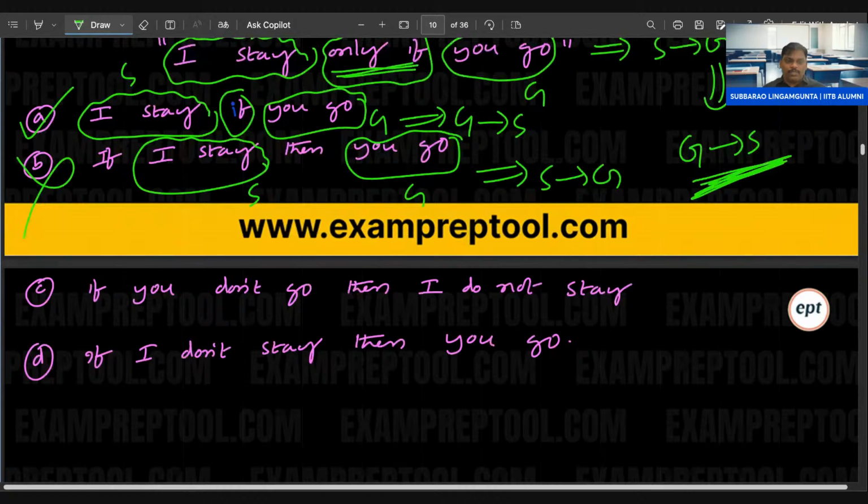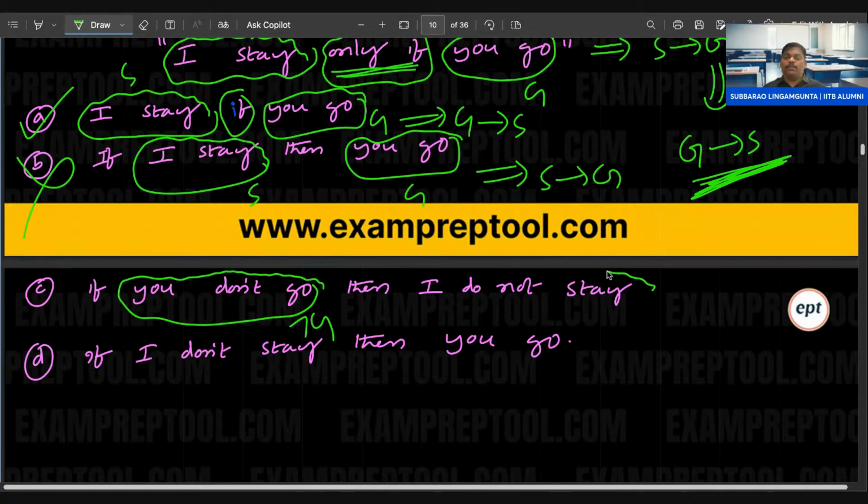Let's go to option C. If you don't go, then I don't stay. I think it's if P then Q. But remember everyone, if you don't go means it is a negation.